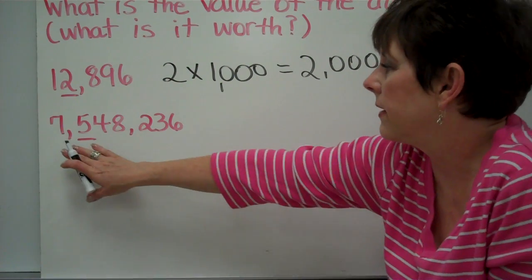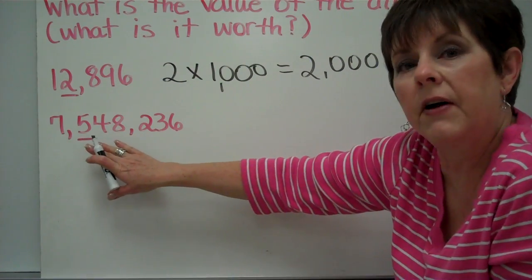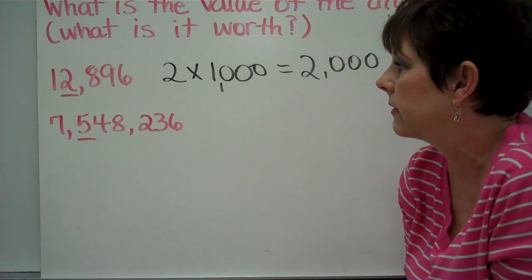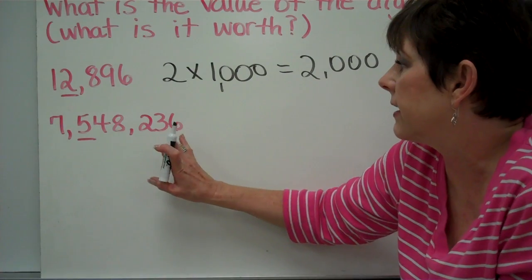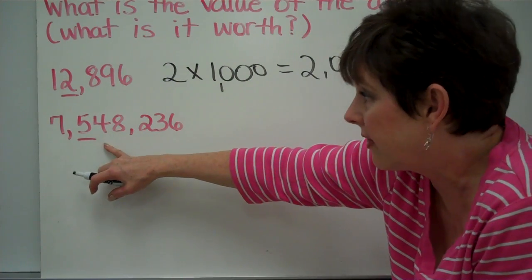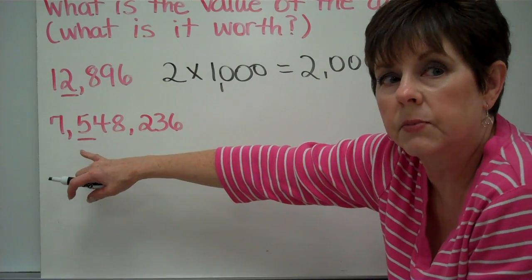In the next one, this is 7,548,236. This number is in the ones, tens, hundreds, thousands, 10,000s, 100,000s place.